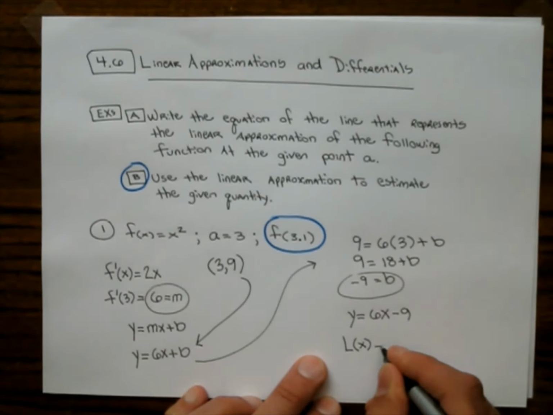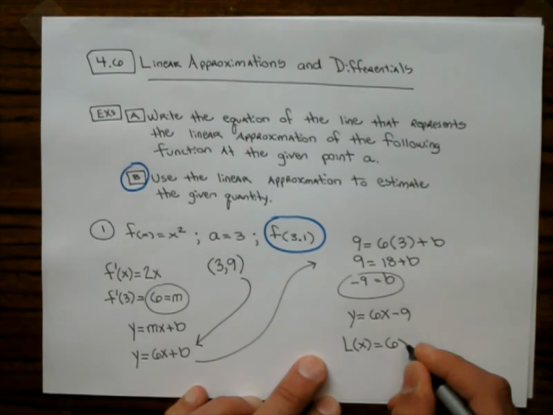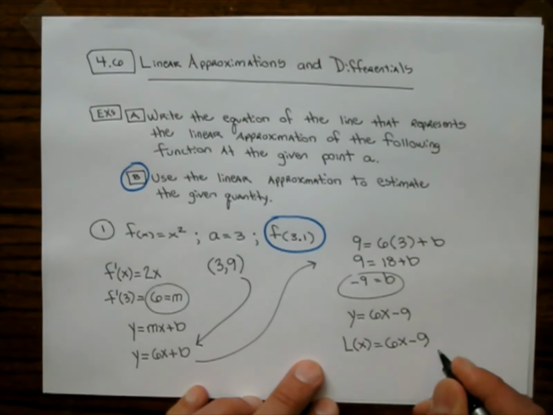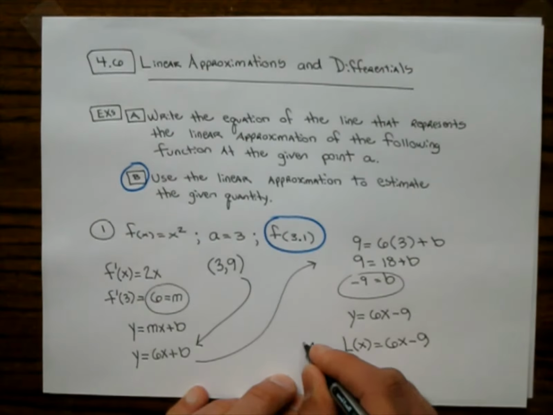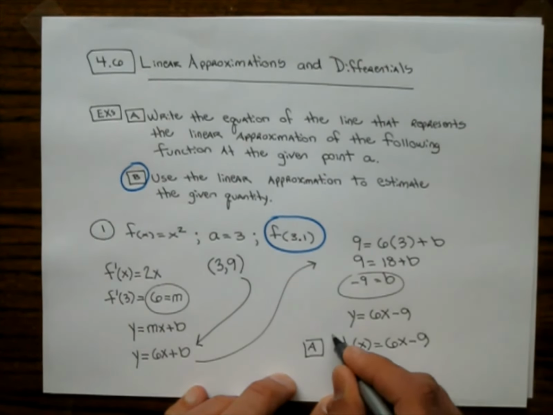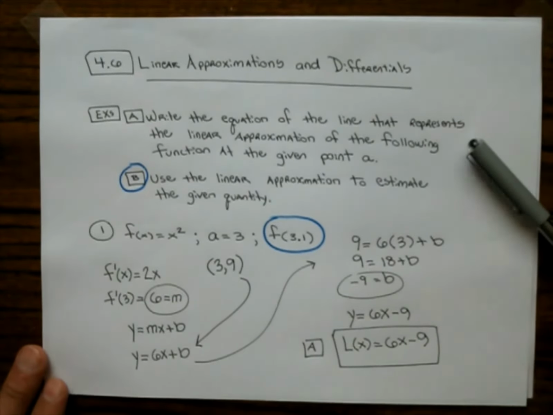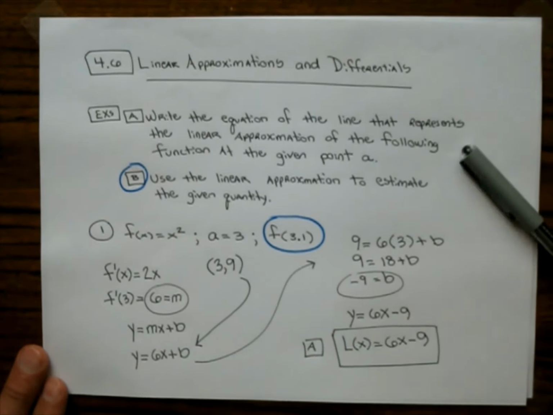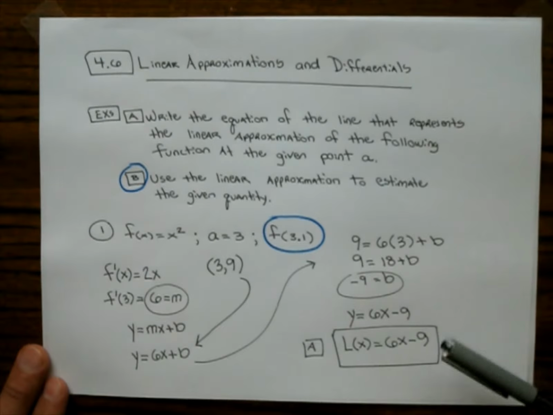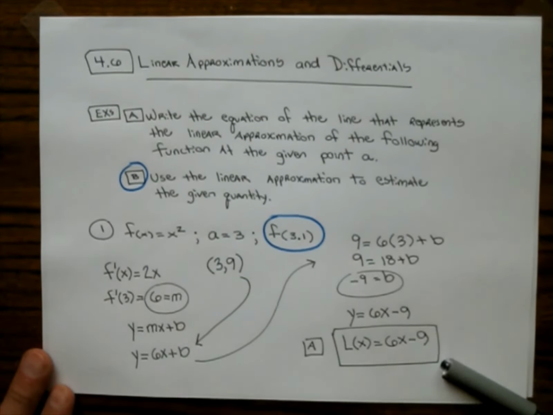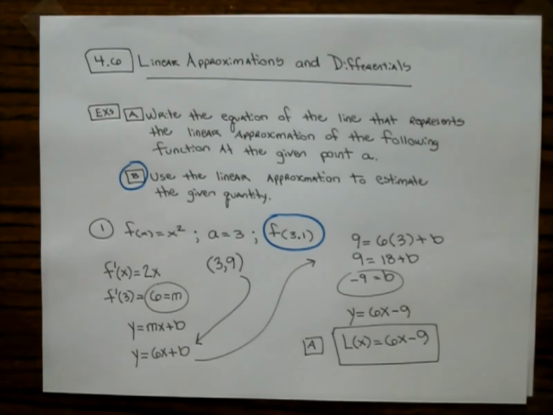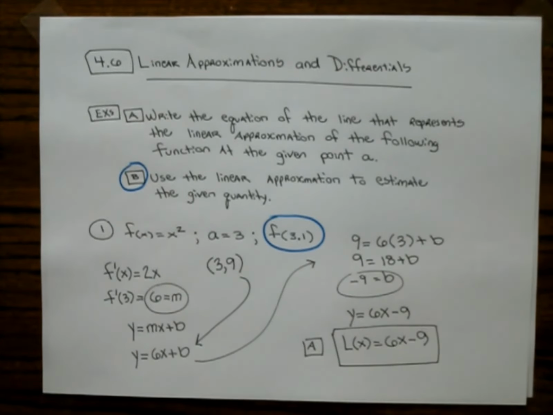L of x equals 6x minus 9. That is the answer for part A. And that's pretty much what they want you to do. Now, the book is going to make this more confusing, and I'm going to get into that. You're like, oh, you want to show us how to make this more confusing? Yes, I will. But before we do that, let's just see graphically what we just did.